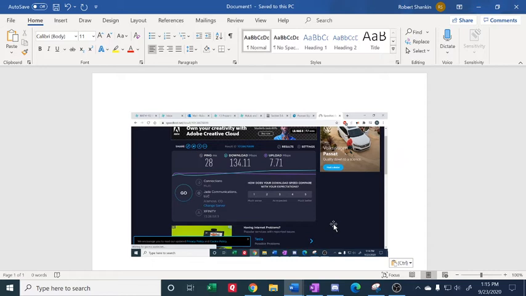On speedtest.net, it says my ping is 28 ms. My download speed is 134 mbps, and my upload is 7.71 mbps.